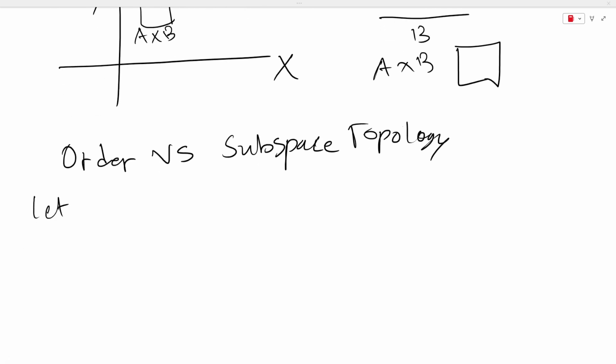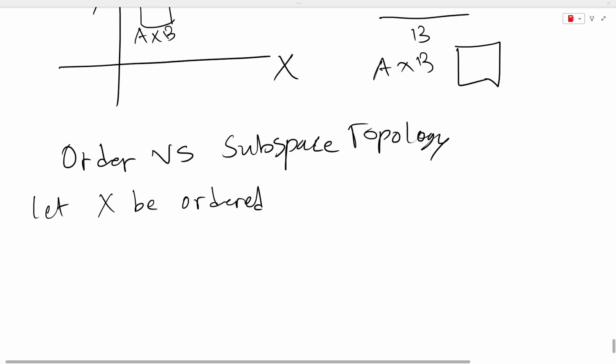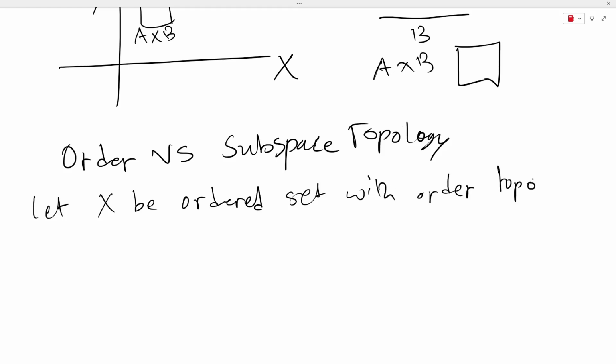Let X be an ordered set with the order topology, and Y a subspace of X, a subset of X.